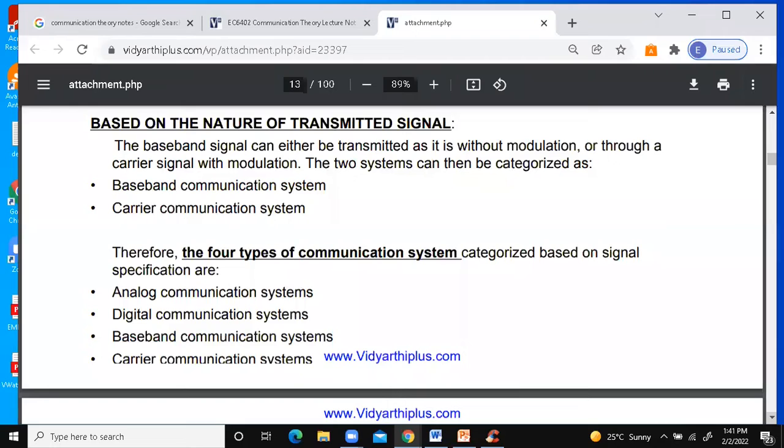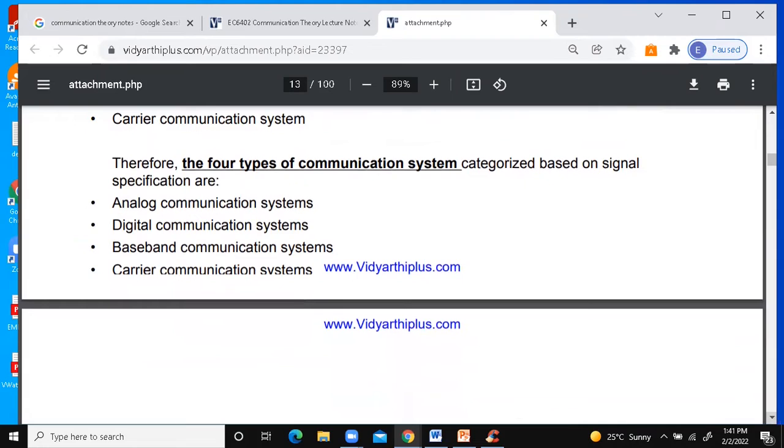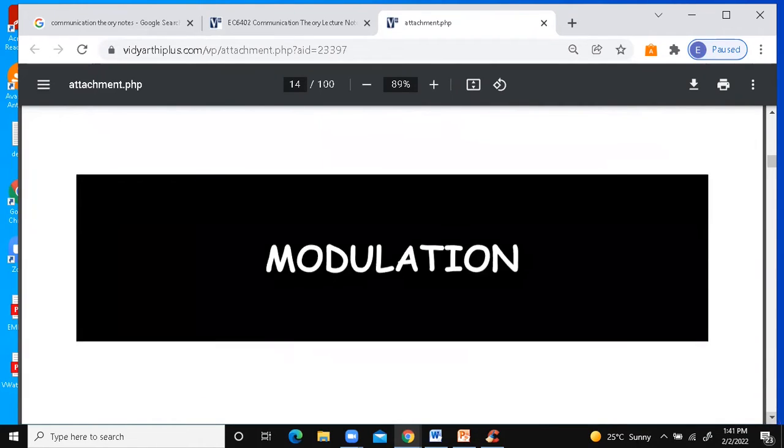The two systems can be categorized as baseband communication system or carrier communication system. It all boils down to four major types of communication system: analog, digital, baseband, and carrier. So all that, hope it was helpful, is to get to here.